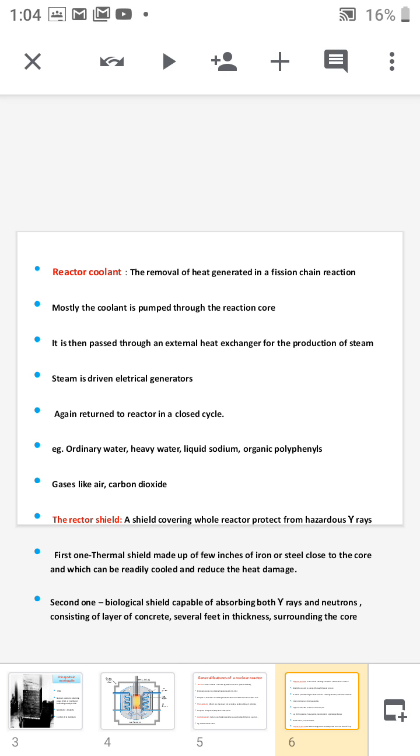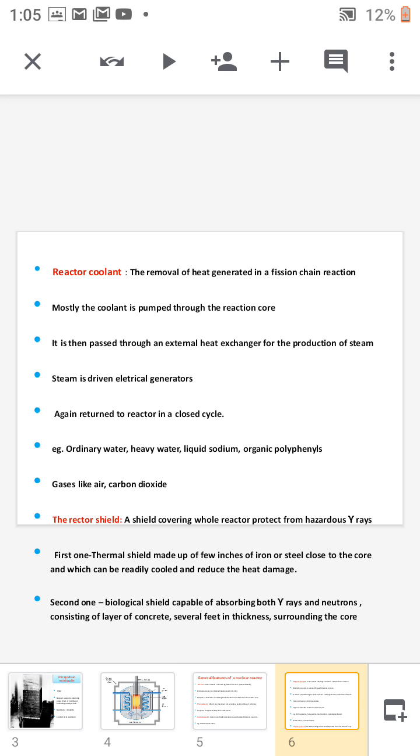So the next feature is the reactor shield. Usually the modern reactor has two shields. The role of the shield is to cover the whole reactor and protect us from the hazardous gamma rays. The first shield is a thermal shield, which is made up of a few inches of iron or steel close to the core, and which can be readily cooled and reduces heat damage.